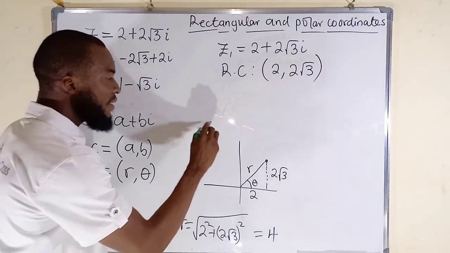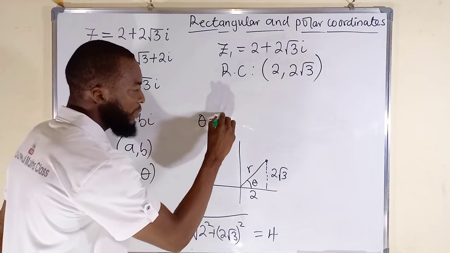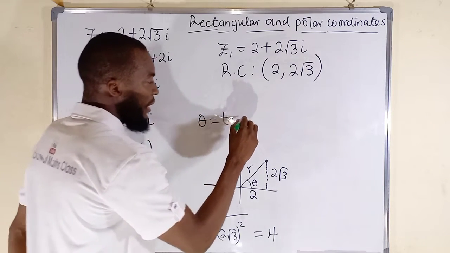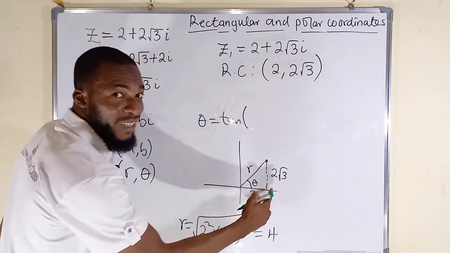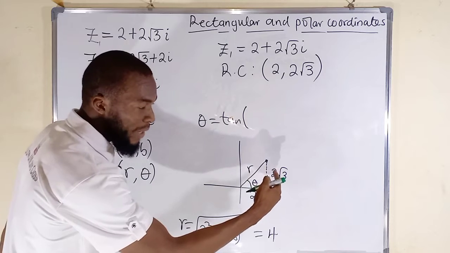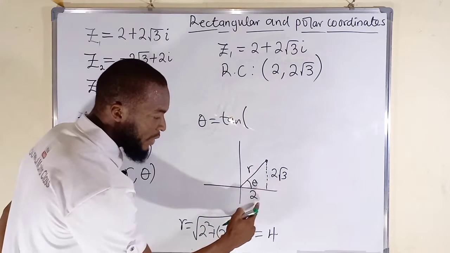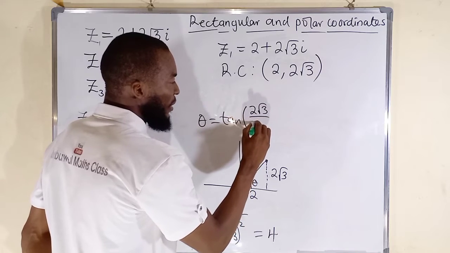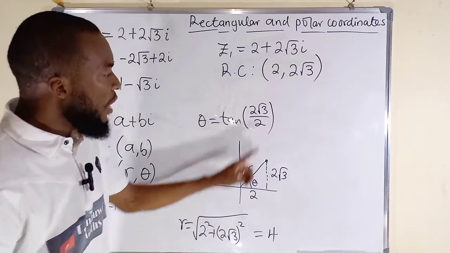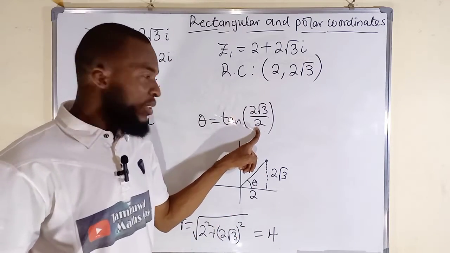But what about the angle? We have learned that this angle theta can be obtained by taking tan inverse, because you know the relationship. Tan is what? Opposite divided by adjacent. So 2 root 3 divided by 2, and 2 will cancel 2, leaving only root 3.